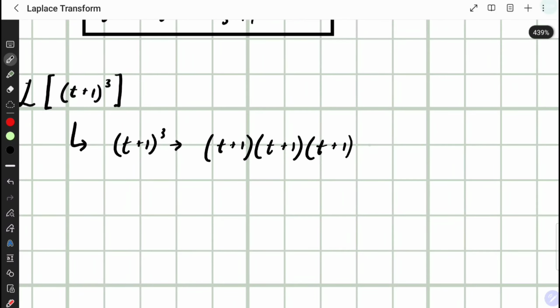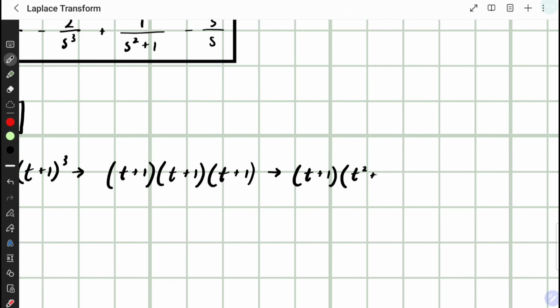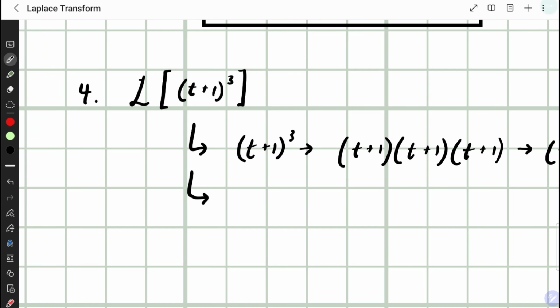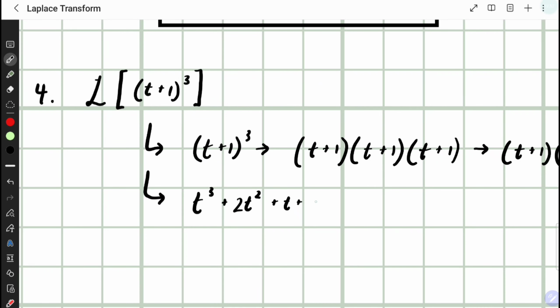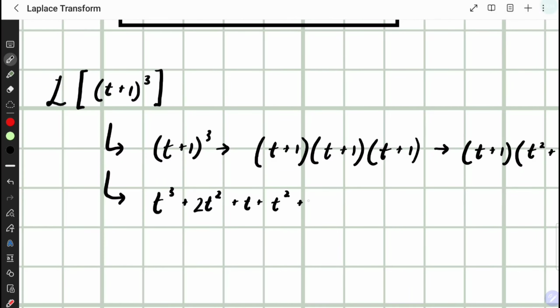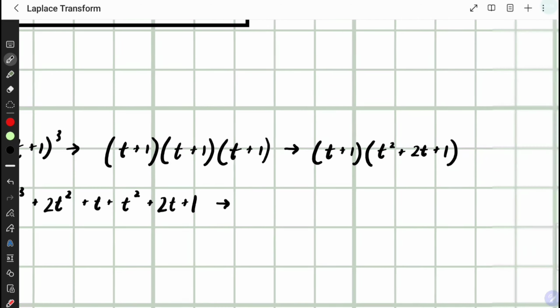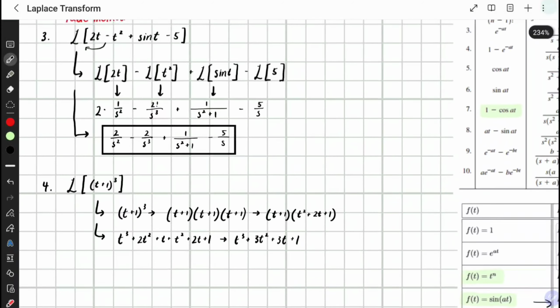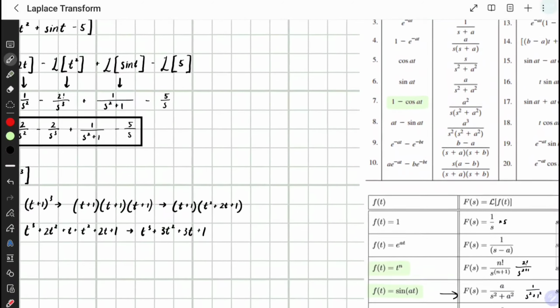Which is t plus 1 times t squared plus 2t plus 1, which is essentially the same thing as t cubed plus 2t squared plus t squared plus 2t plus 1. I'm assuming this is pretty simple for most of you. t cubed plus 3t squared plus 3t plus 1. So now you can see what I'm doing here. I'm just trying to get it into a form that we can find in the table.